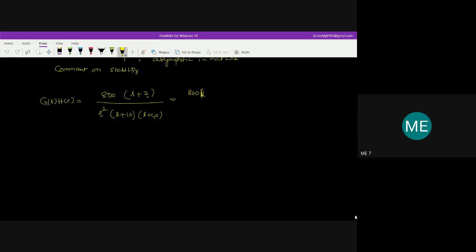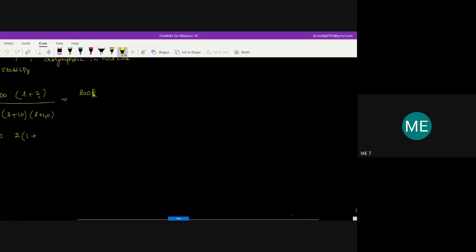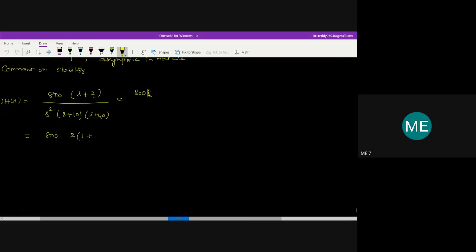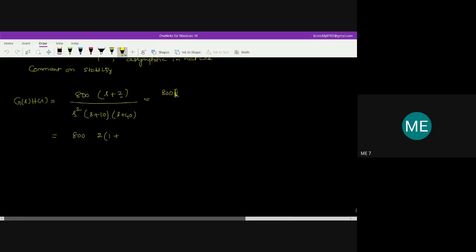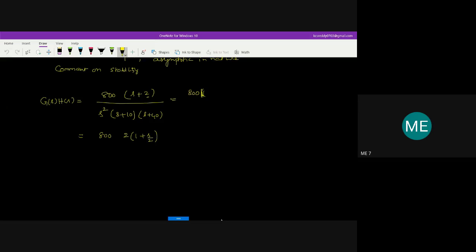So here I'll write down 800, 2 taken common out. So 1 plus s by 2, divided by s square into 10. I can take out common, 1 plus s by 10.